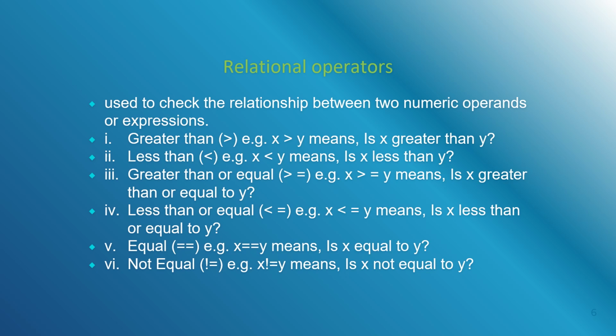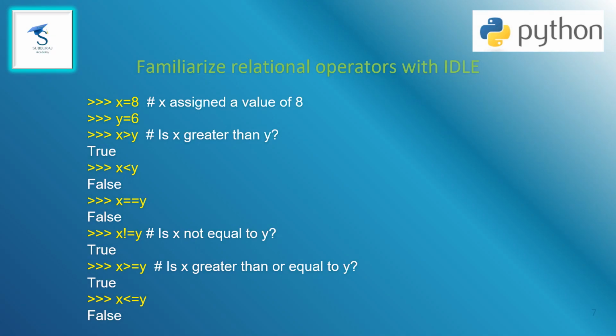So these are the 6 relational operators we will be using in Python. They are very simple, very logical, very elementary. So let us familiarize ourselves with these relational operators in this session.